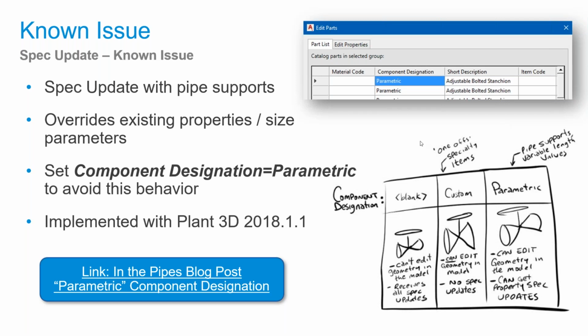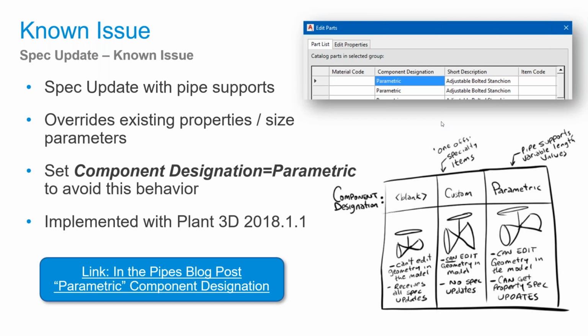Parametric means you cannot use the spec update anymore for the supports. It means if you are working on the supports while you are doing the project and you say, oh, I changed some supports, I was working on some scripts or whatever, and now please user update it, they will update it and they will get the updated part, but also they will default back to the original parameters.